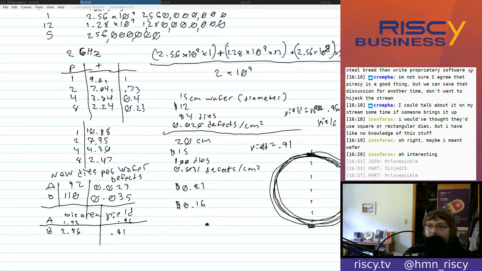But they want us to find defects per area, and let's pretend that this is separate from the previous questions and just go with what it tells us. So the new yield is 0.95. The defects per area unit is what we're trying to find, and the die area is 200 millimeters squared.